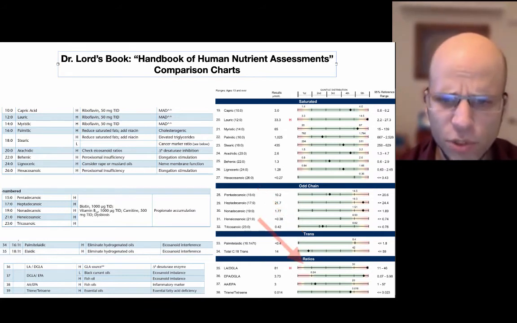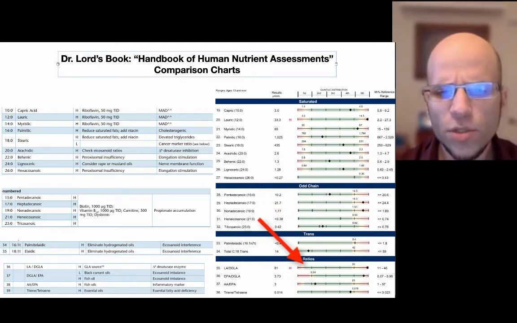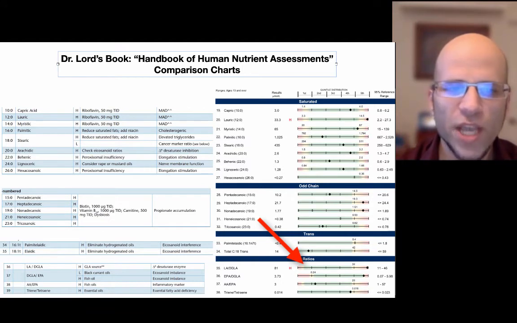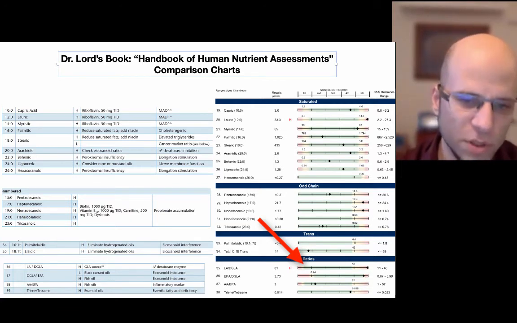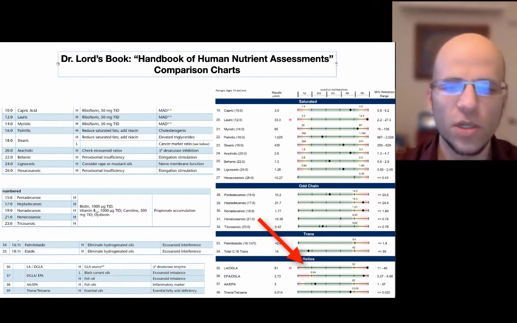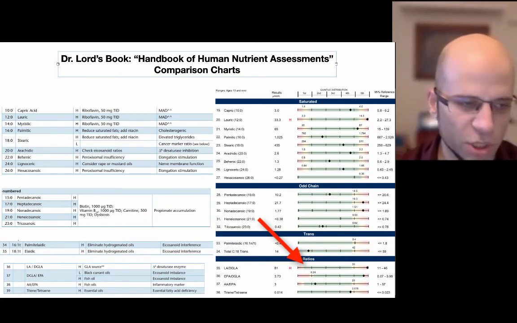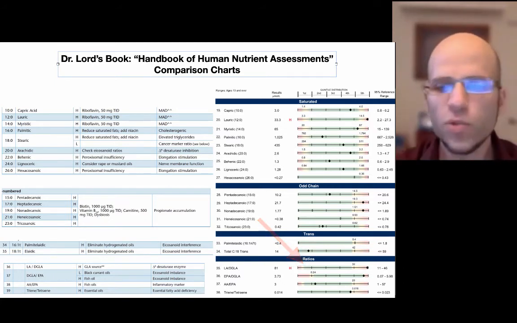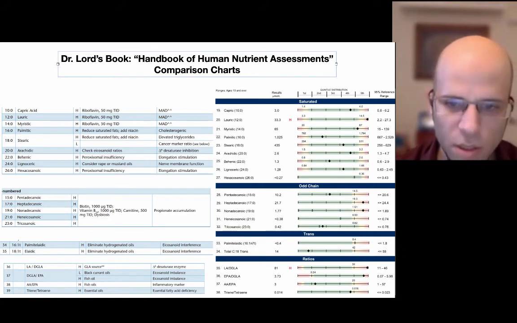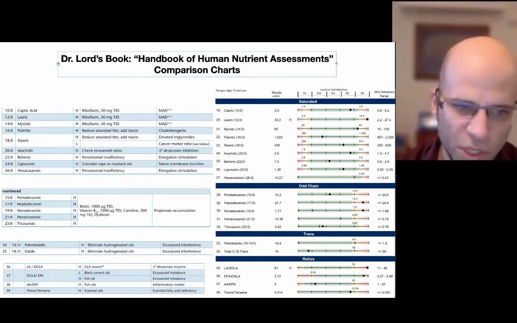Then the ratios. I don't really spend a lot of time with the ratios, simply because if we understand the big picture issues before, with the enzyme block or the overdoing supplementation, or it's an absorption issue or whatever, these ratios normalize anyway. And we got all the information we need from above.